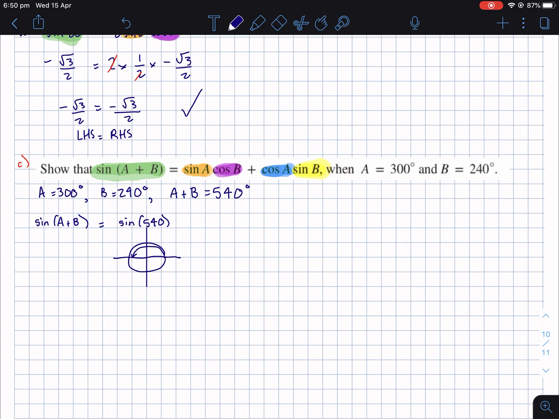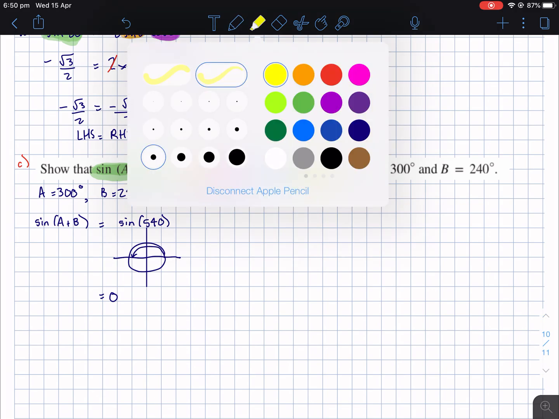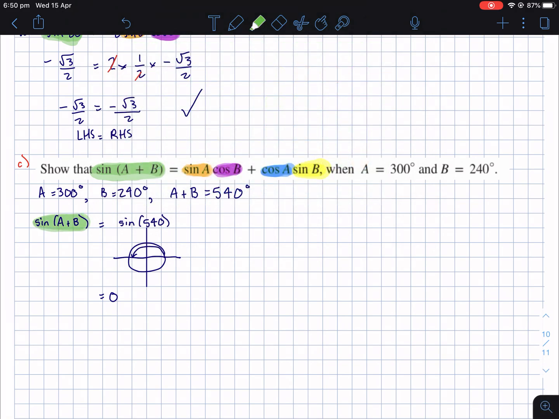Which makes it 0. I should have just put sine 540 in my calculator. It's 0. Okay, so that's sine A plus B. It's 0, yeah? Now let's figure out everything else.